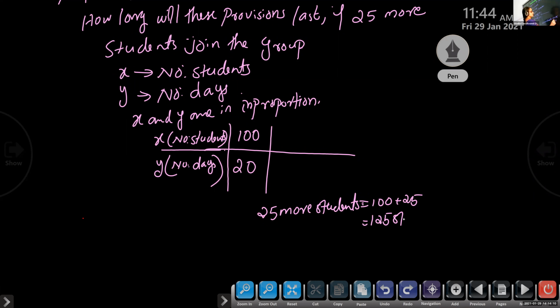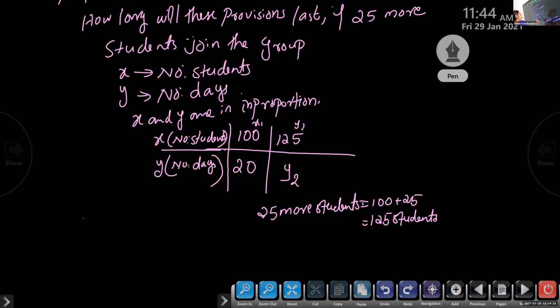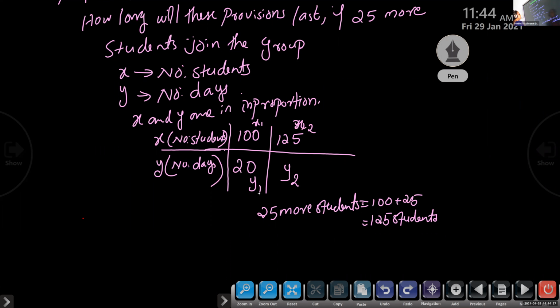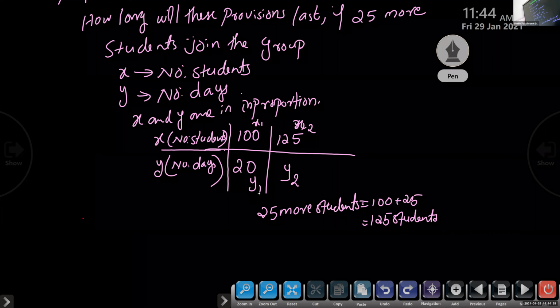So number of students is 125. We need to find Y2. Days we need to find. X1, X2, Y1, Y2.